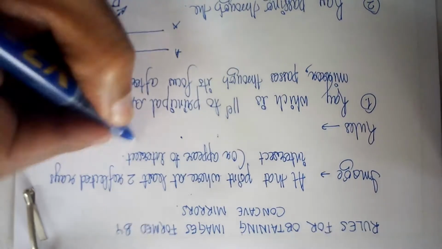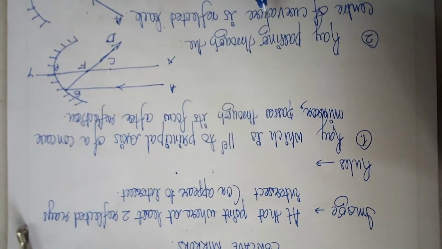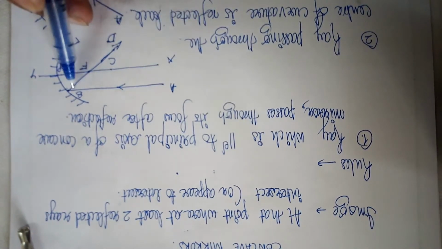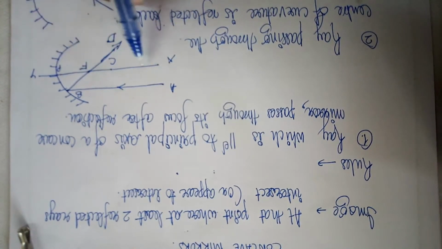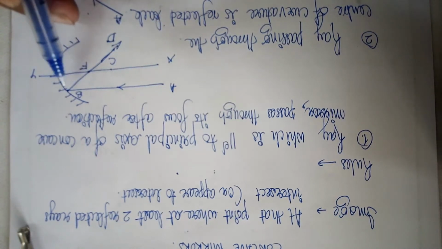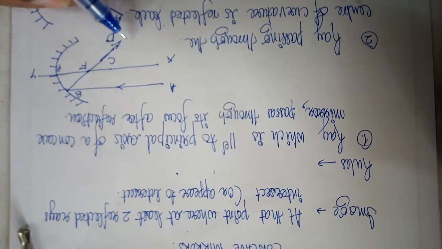Rule 1: a ray of light AB is parallel to the principal axis of the mirror. It strikes the mirror at the point B here and gets reflected.